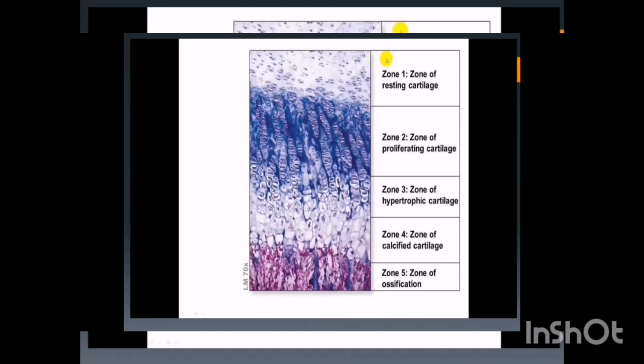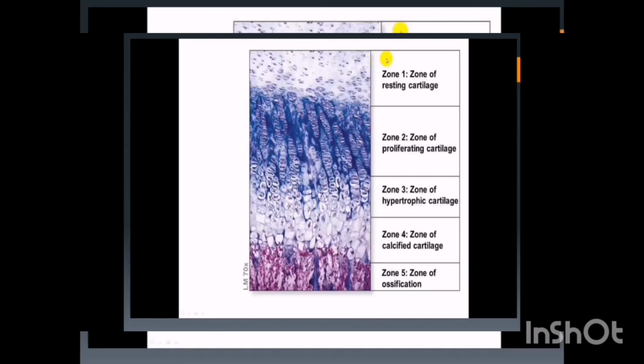Here it is composed of only 2 or 3 layers of chondrocytes, and you have minerals that are beginning to be deposited between the columns of lacunae, and as these minerals are deposited, it destroys the chondrocytes, which leads to zone 5, which is the zone of ossification.